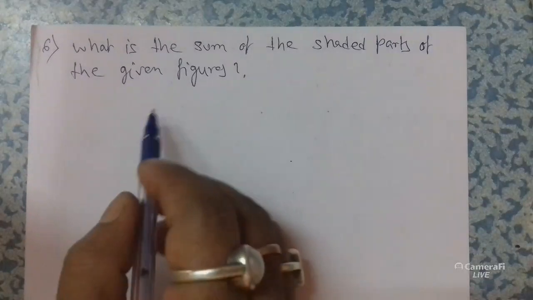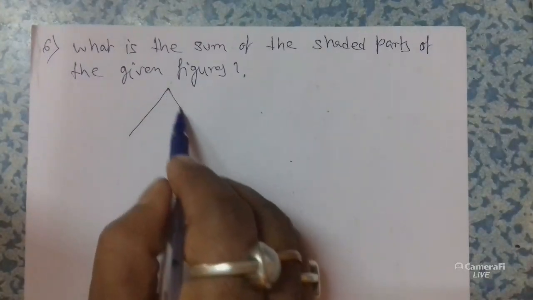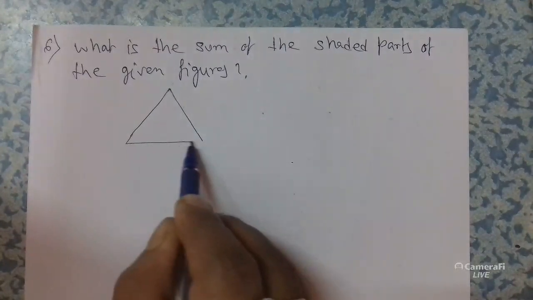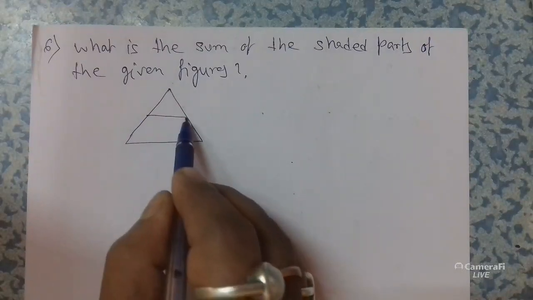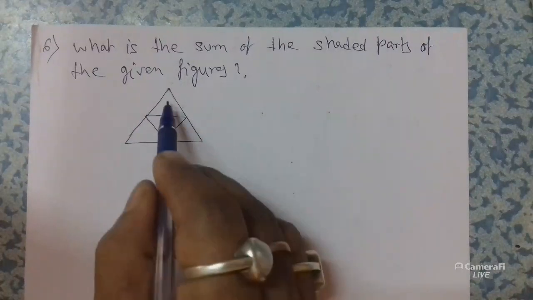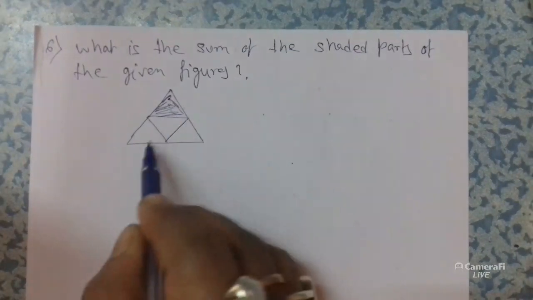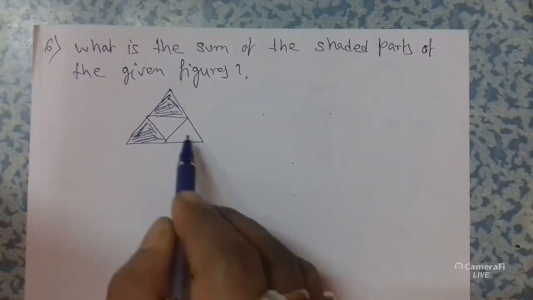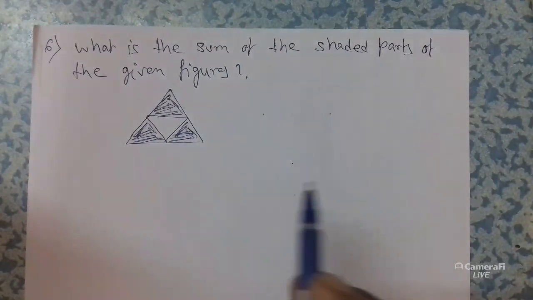So the first figure is like this, and the shaded portions are this one, and this one. These three portions are shaded.